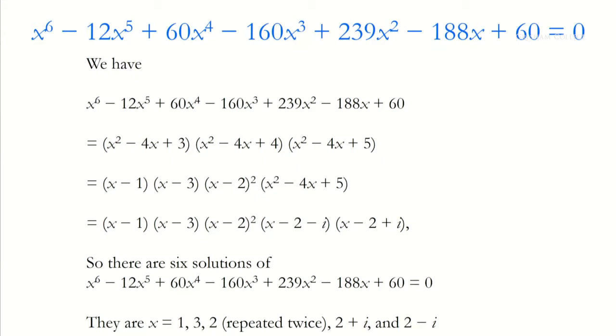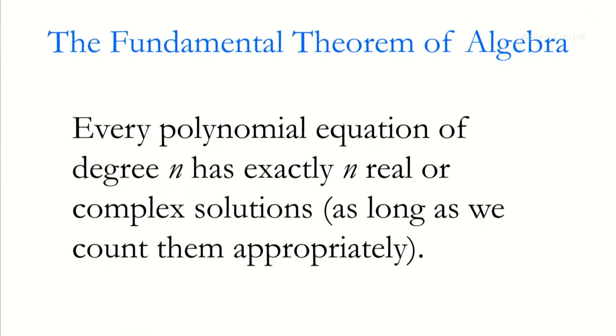So this degree 6 equation can also be solved only using real and complex numbers. And there's a very, very important result called the fundamental theorem of algebra, which tells us that's true for every polynomial equation, so that we don't have to introduce any new hypercomplex numbers, any new type of number, in order to solve any polynomial equation.